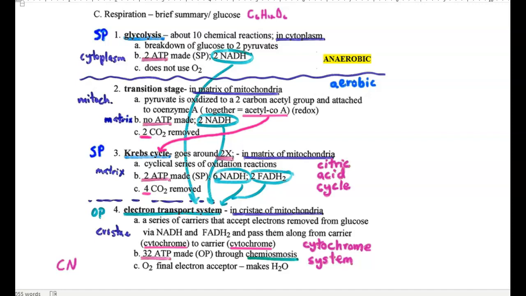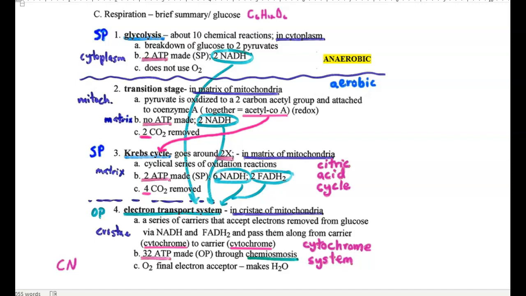Electron transport system, that's the picture we just went through with chemiosmosis. That is in the cristae of the mitochondria. Series of carriers that accept electrons removed from glucose via NADH and FADH2. We're going to pass them along from carrier to carrier, which is why this has the name of cytochrome system, because the carriers are called cytochromes.